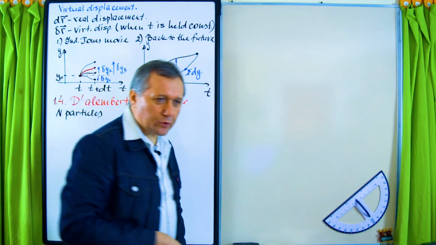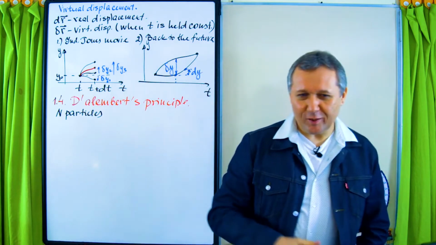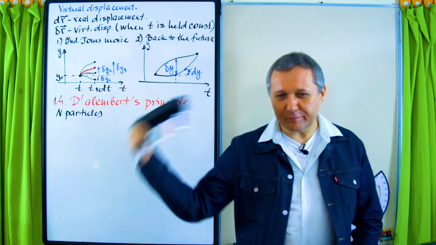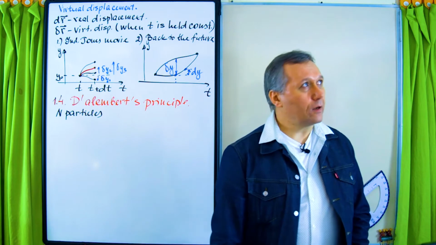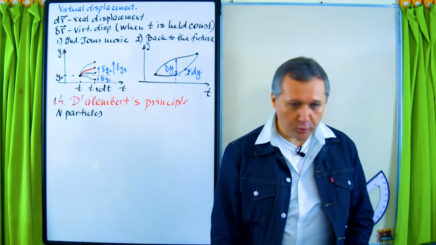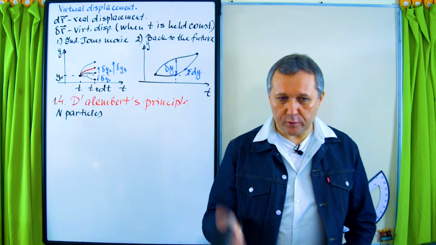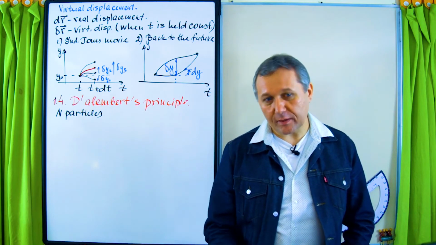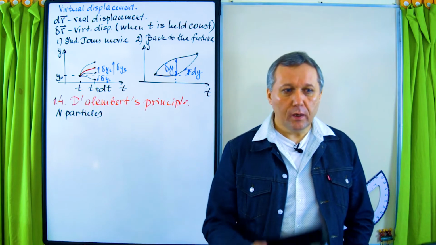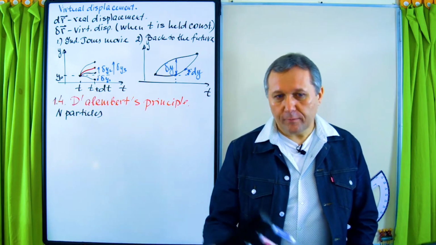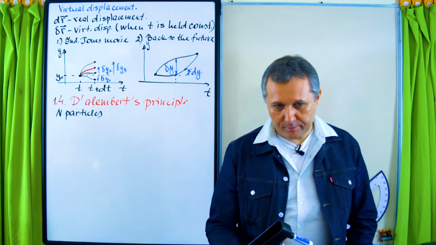And another thing I want to mention: when I was reviewing the foundation behind Newtonian formalism, I should have mentioned also that all those Newton's laws, Newton's second law especially, and Newton's third law, were all written for point particles, right?